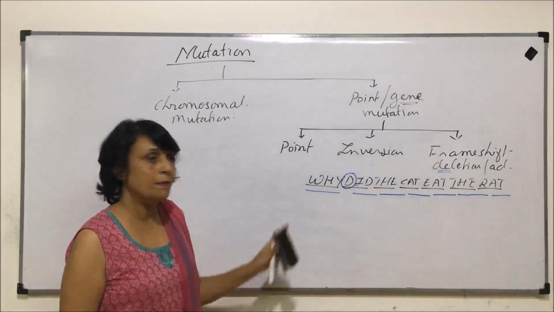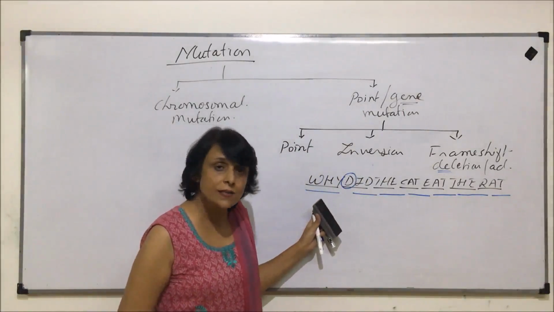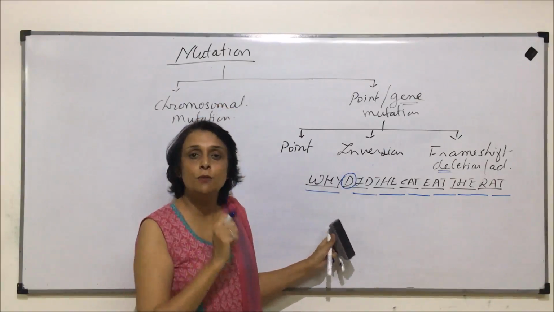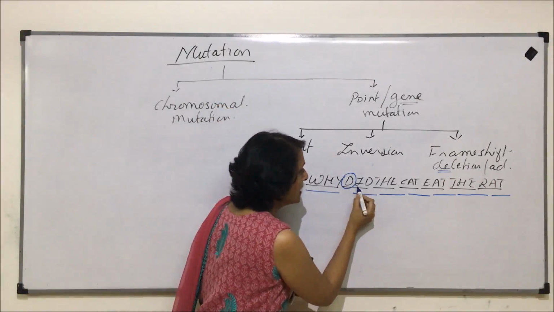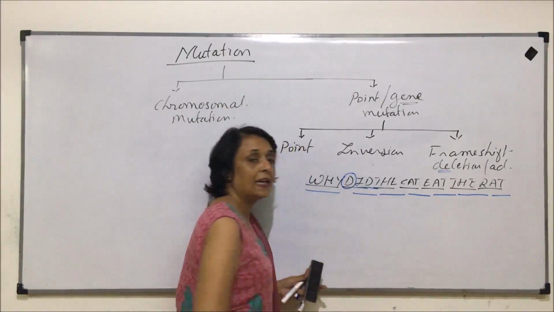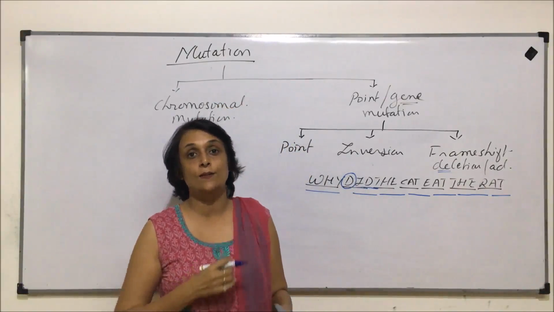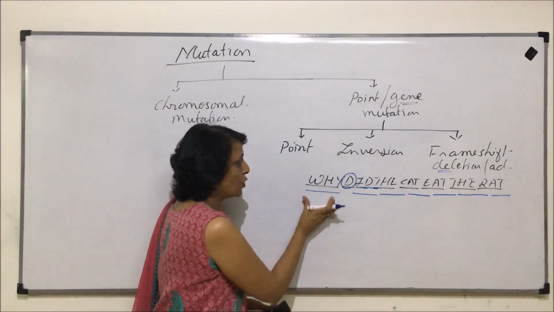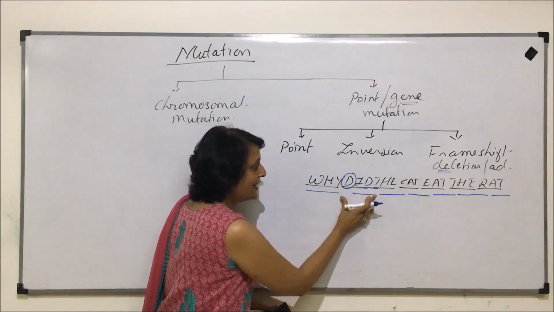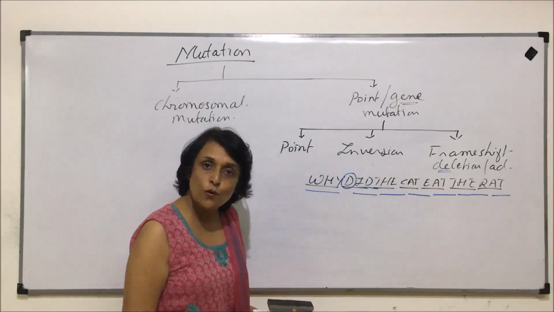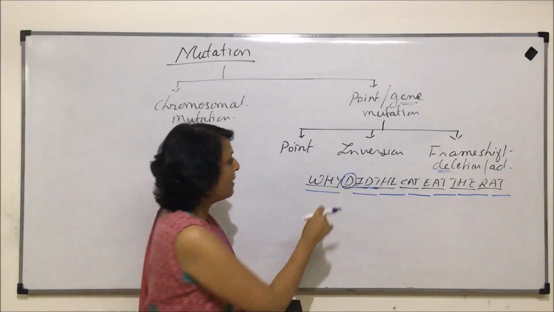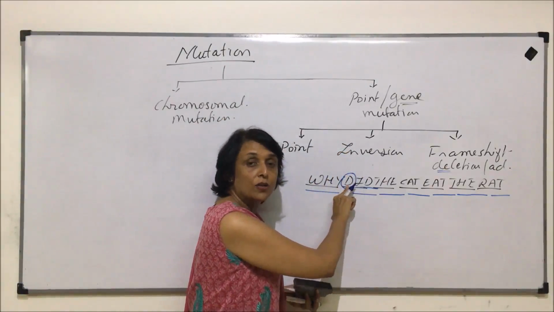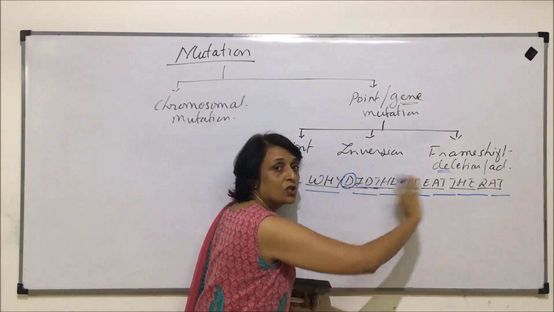Now in this statement, WHY means something to us, DID also means something to us, but after the mutation, the new word is IDT, which does not make any sense to us. If this happens in a code, this codes for an amino acid, but after we have removed the deleted base, everything has shifted.